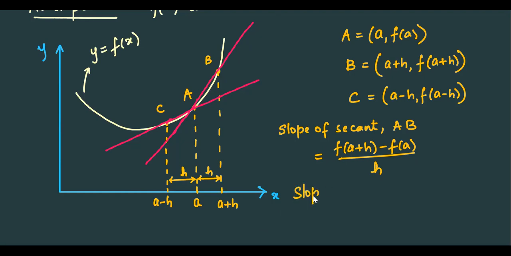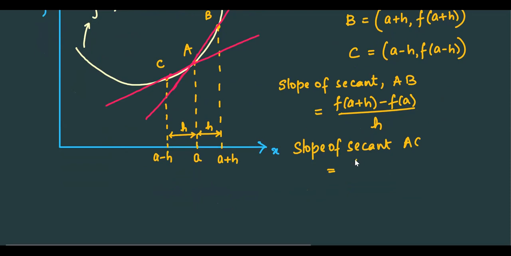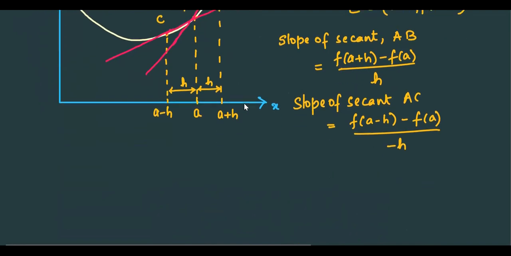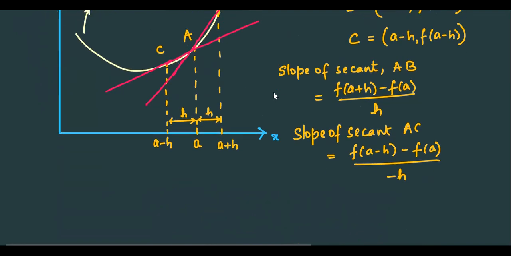What is the slope of secant AC? We get f of (A minus H) minus f of A, by (A minus H) minus A, that will be minus H. So now I make H tend to 0.